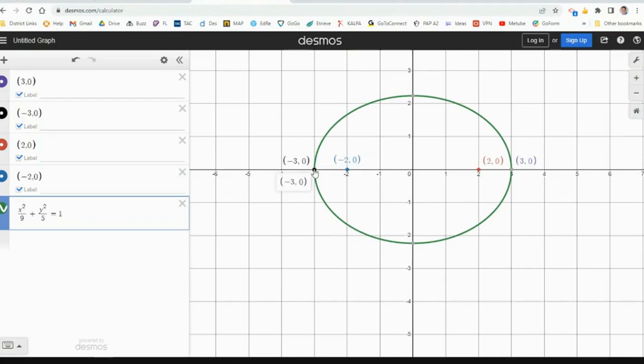There's one vertex. There's the other vertex, exactly where they're supposed to be. And these are the focus points. Now, we'd have to do some fancy measuring to make sure that's the same point around, but that looks correct. The focus points are inside the ellipse. They're the same distance from the center. The center's 0, 0 in this case. They're on the major axis of symmetry. So it looks like we have our equation correct.